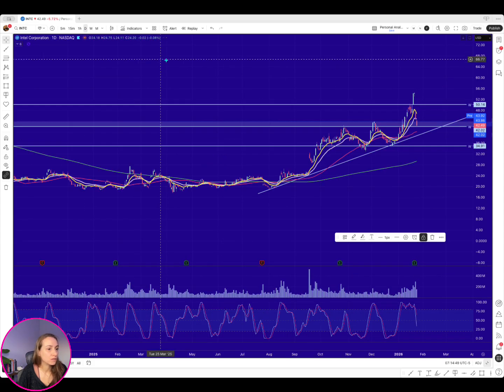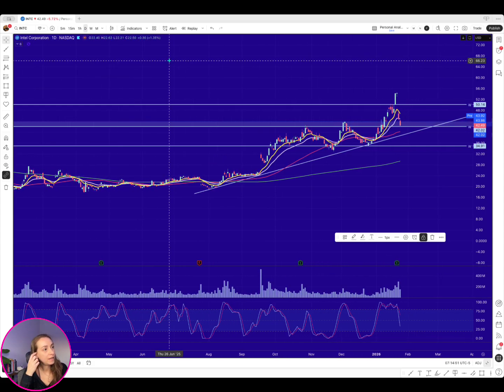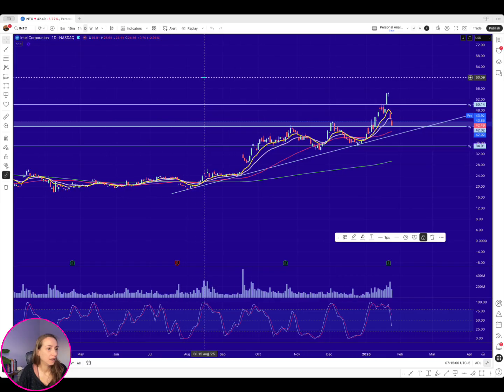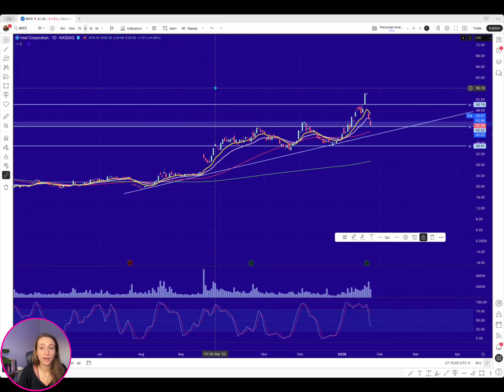Then I'm going to go down to the daily, and I'm marking the daily with anticipation to trade either the hourly, 4-hour, or the daily, especially if we do break through to new all-time highs and pick up some momentum, so the overall market is a little bit more bullish and not so choppy.